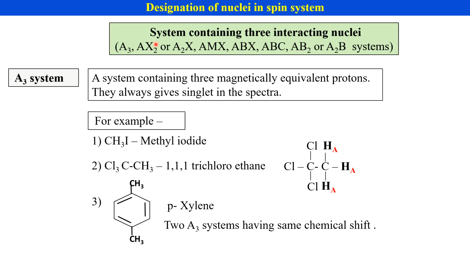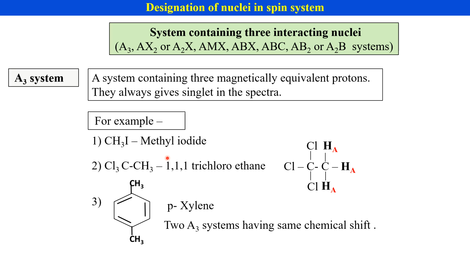Then we see systems containing three interacting nuclei. The systems are like this: A3, AX2 or A2X, AMX system, ABX system, ABC system, AB2 or A2B system. First we see the A3 system, a system containing three magnetically equivalent protons, and they always give a singlet in the spectra.